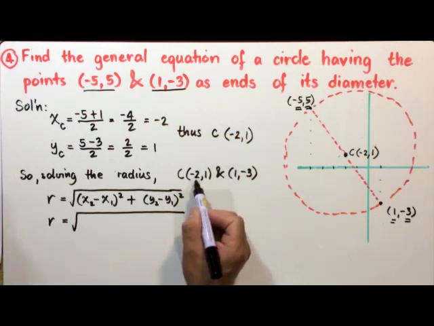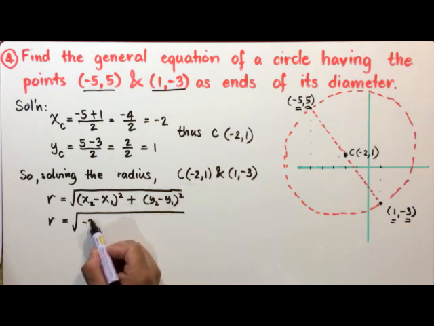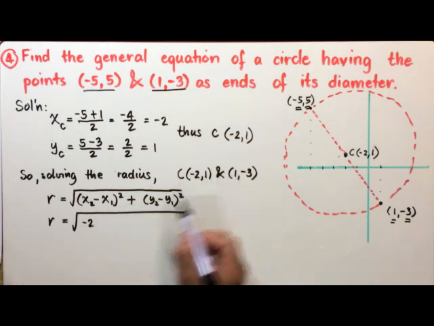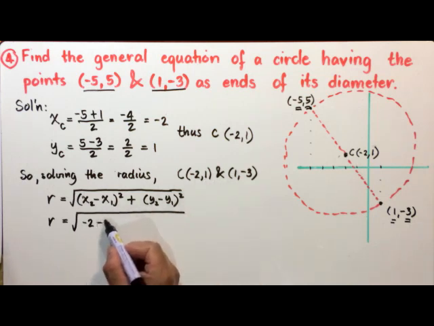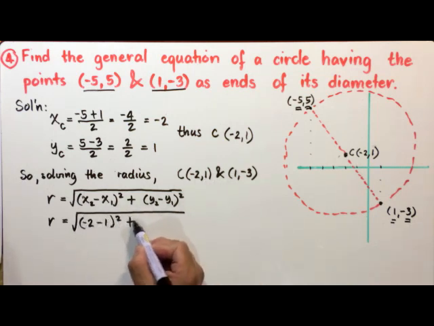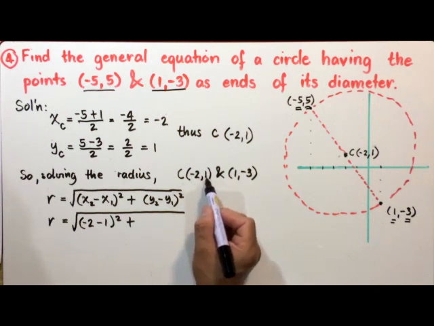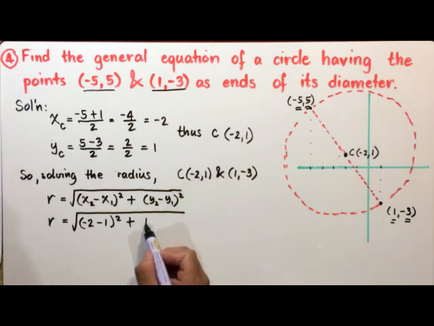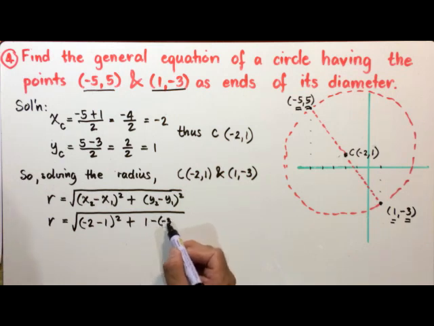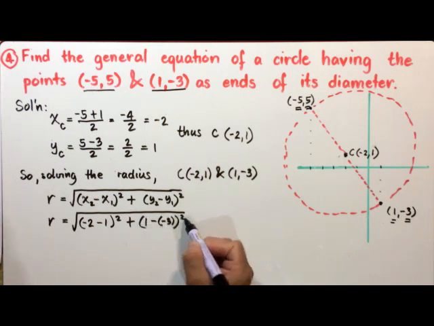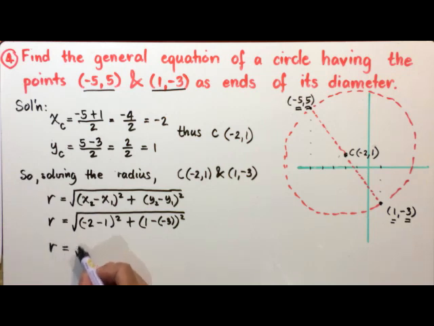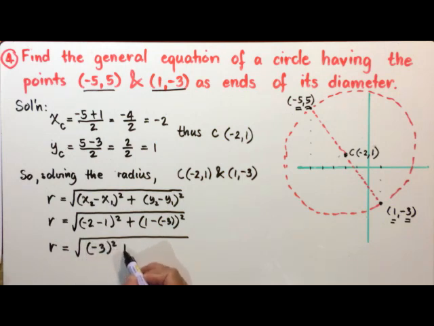Suppose I choose this one first, so -2, and I will choose also this one next. So (-2 minus 1) quantity squared, because I get this point first, so I will get for the y this point first. So 1 minus the -3 there. So r is equal to the square root of (-3) quantity squared plus (1 plus 3), because 1 minus the -3 is the same as 1 plus 3, quantity squared.